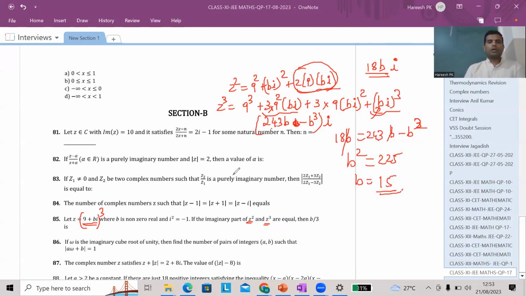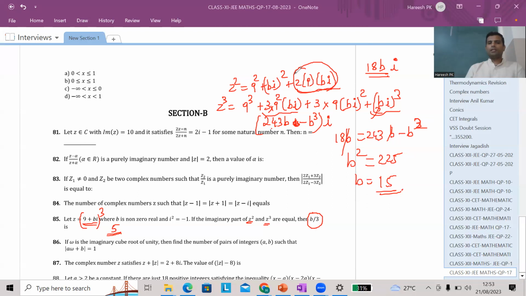So b is plus or minus 15, but we can take b as 15 because negative integers are not mentioned here. So b by 3, 15 by 3 will be how much? 5. Okay, so please note this down.